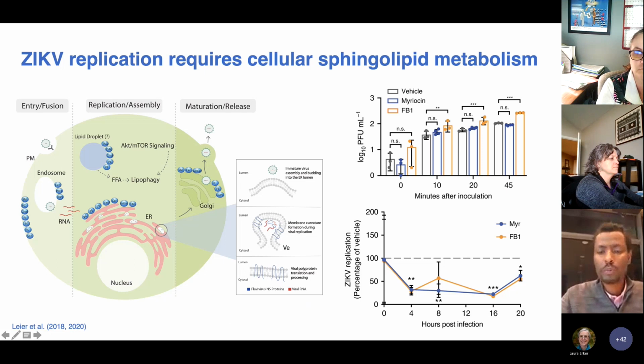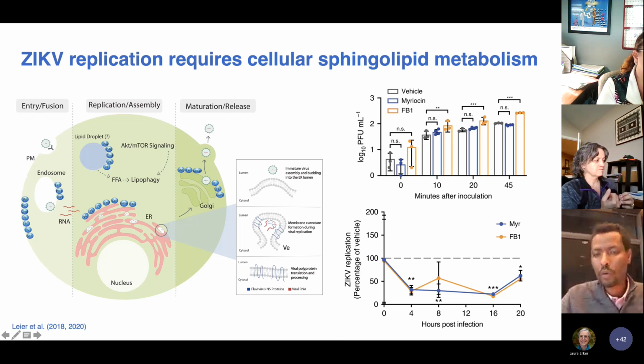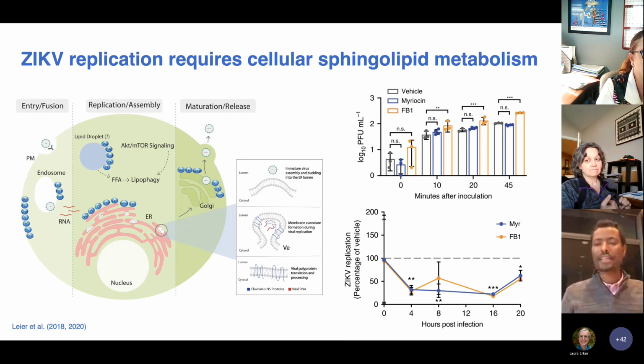So one of the experiments to look at the entry and membrane fusion step is that we performed plaque assays, where we did infection and quantified the amount of virus that gets into the cells after 10, 20, and 45 minutes, because that is the time where the first step occurs.